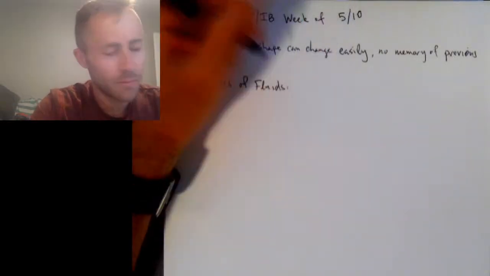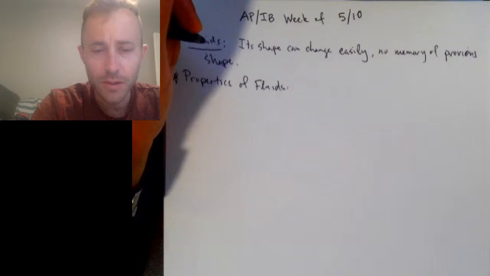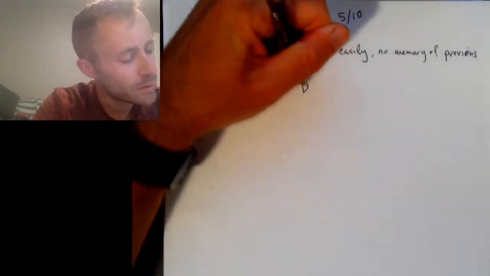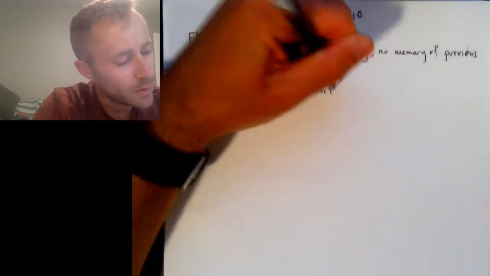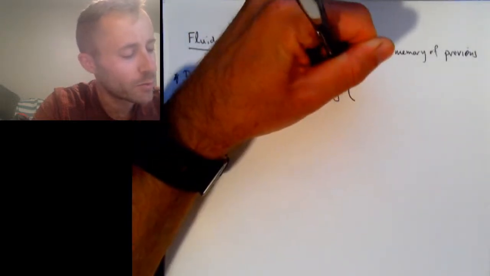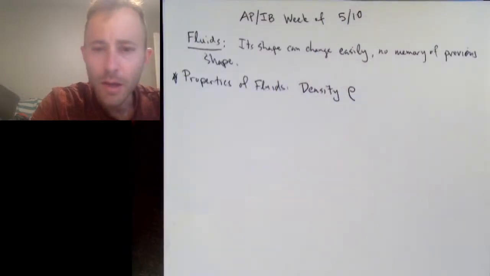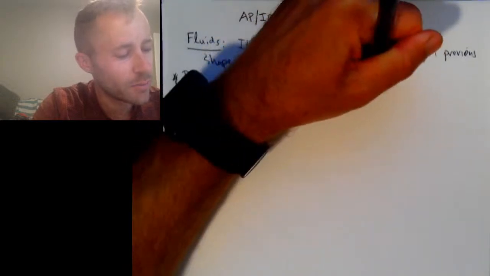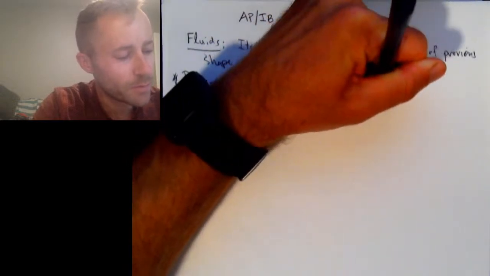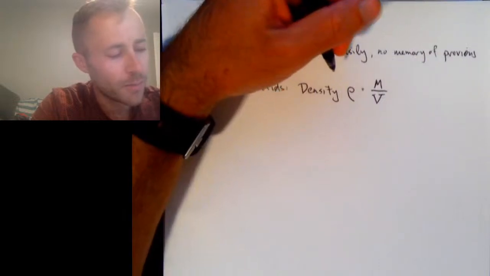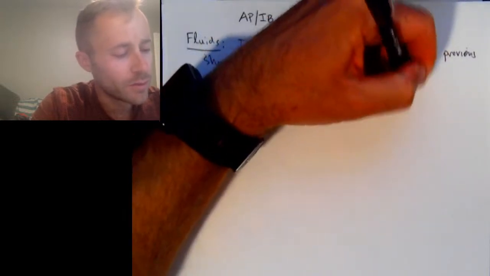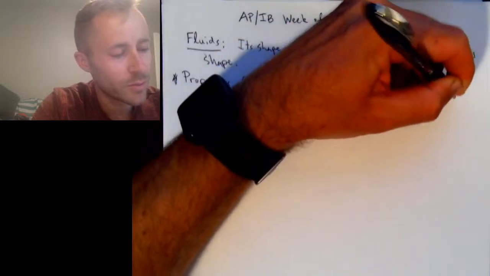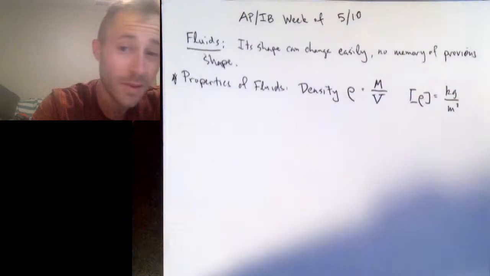But one of the main properties of a fluid is its density, which is denoted by rho. And density is defined as mass per volume. The unit of density is kilograms per cubic meter.